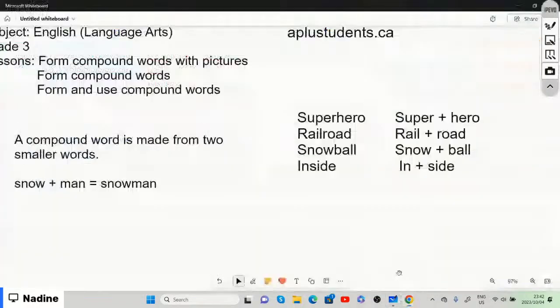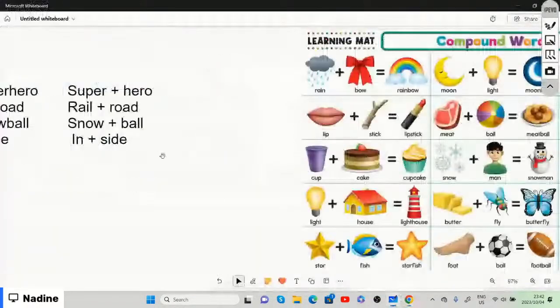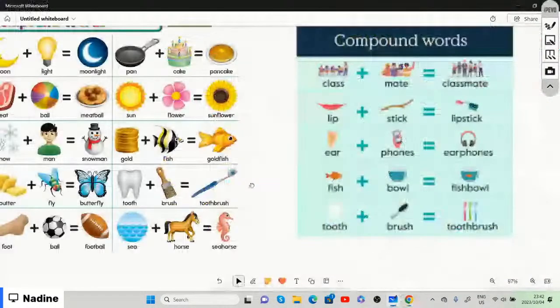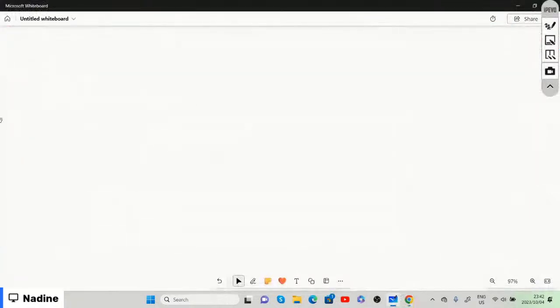All right, so before we end off our lesson, can you think of a few compound words? Two smaller words that we can join, we can add together to make one compound word.